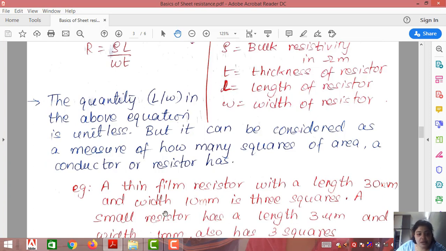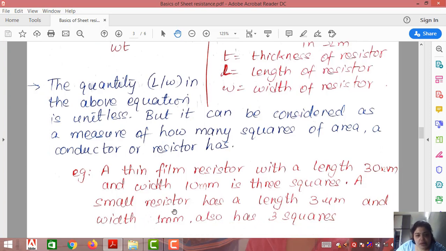For example, a thin film resistor having a length of 30 mm and a width of 10 mm is 3 squares. That means one square of 10 by 10, the other of 10 by 10, and the other of 10 by 10. So width remains 10 only, and length is 10 plus 10 plus 10, that is 30.